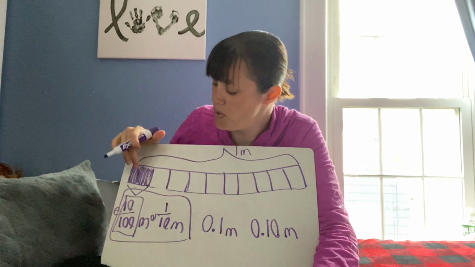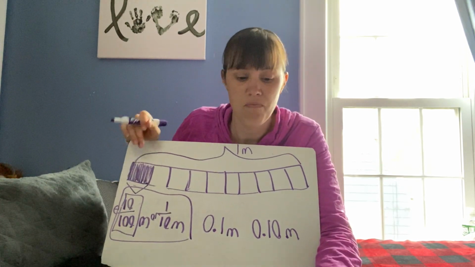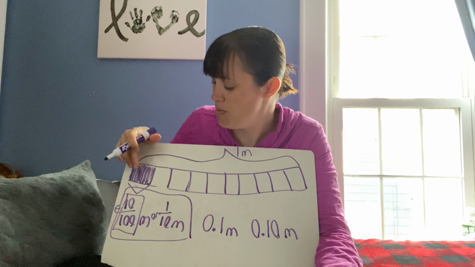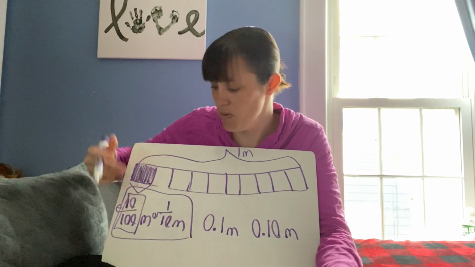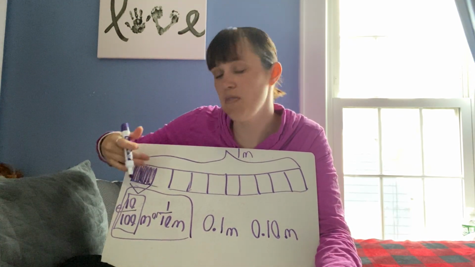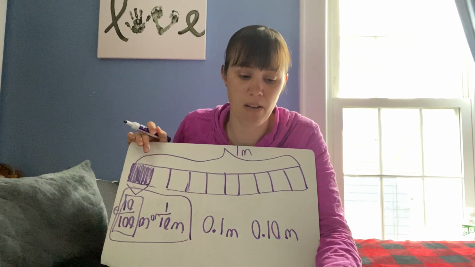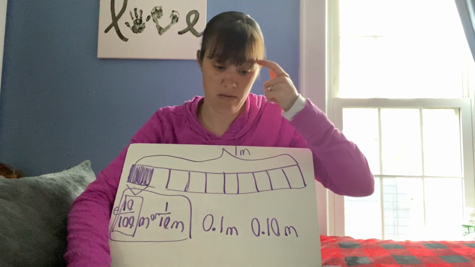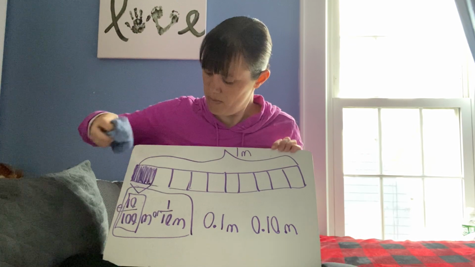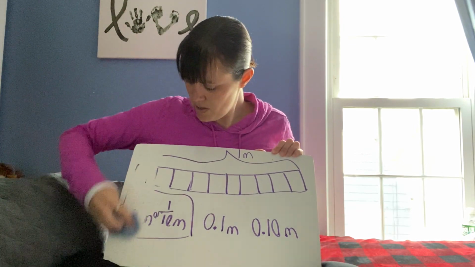They wanted you to be able to look at this and understand it, and now they're asking you almost the opposite way. 10 centimeters, so you have to picture the 10 shaded in here. So we did number 1, congratulations, number 1 is done.